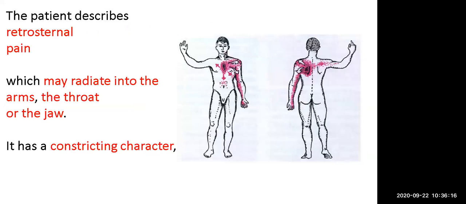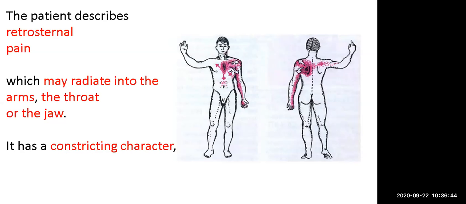Okay, look at this. What do you see? The patient describes retrosternal pain. So when you ask about the location, whether this is angina pain or ischemia pain, they will say, oh, doctor, I have the pain in the retrosternal.